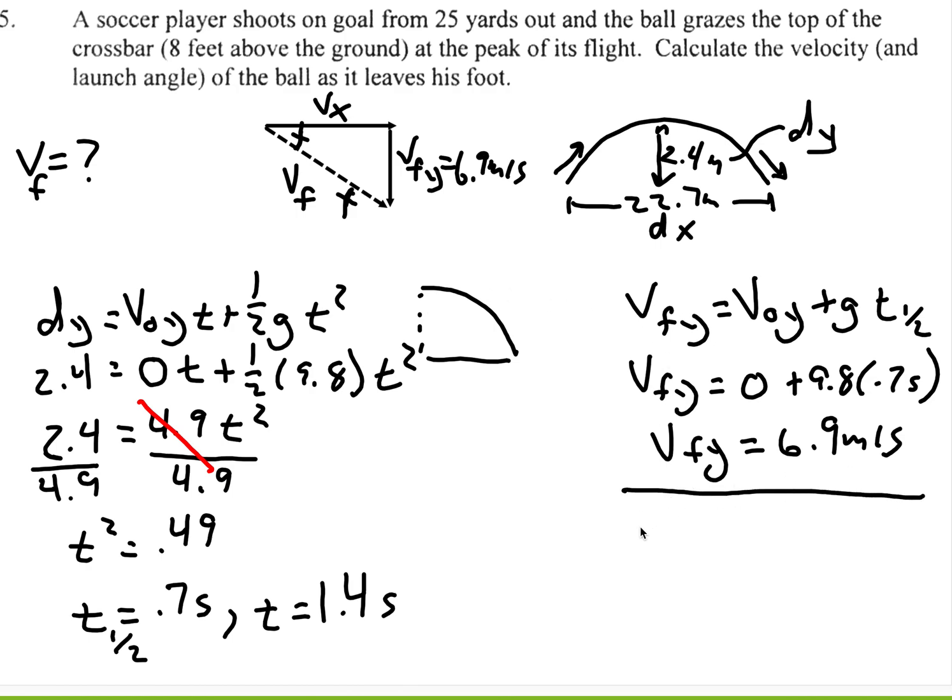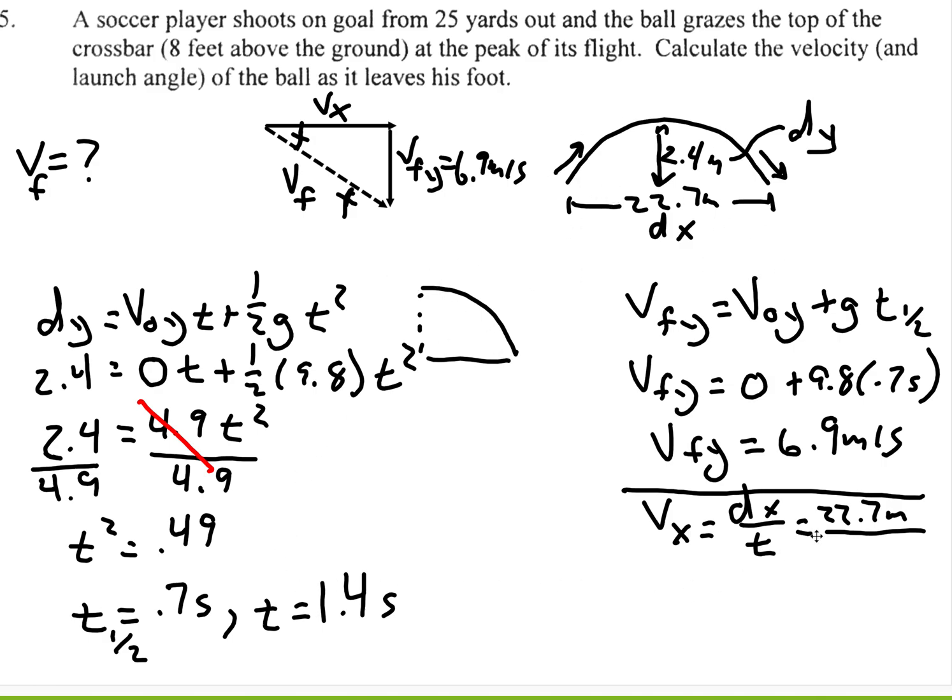Okay, now for Vx, also not going to have to use algebra because we have one equation, that's Vx equals dx over time. Well, I know dx, it's 22.7. And I know time, and remember I have to use the whole time, not just the half of the time, because I'm doing the up and the down.